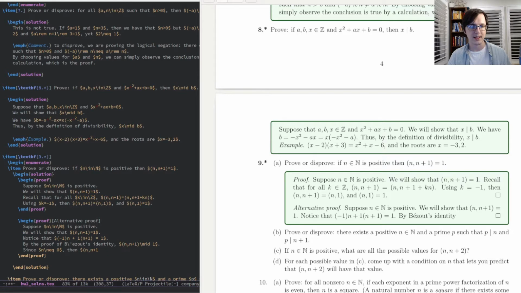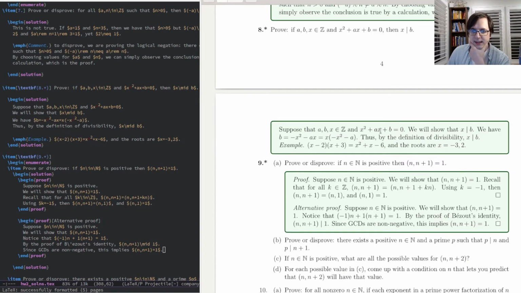Oh wait, but that doesn't matter. It still doesn't matter. The only number that divides 1 is 1. So since GCDs are non-negative, this implies the GCD of n and n plus 1 equals 1. Okay, so there's that proof.